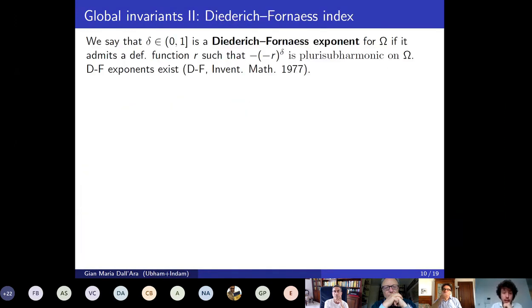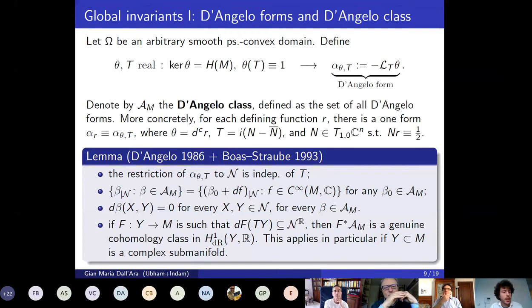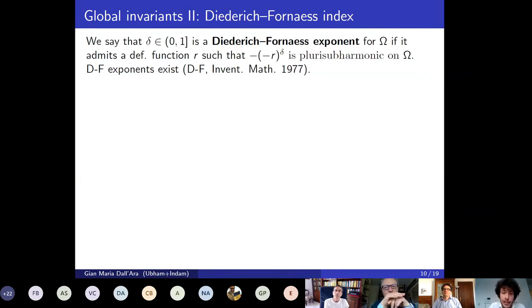Okay, so here is the D'Angelo class, and the second character I want to talk about is the Diederich-Fornaess index. The Diederich-Fornaess index is defined in the following way. First of all, you define the Diederich-Fornaess exponent. A Diederich-Fornaess exponent is any positive real number delta less than or equal to 1 with the property that there exists a defining function R for which minus (minus R) to the delta is plurisubharmonic on your domain.